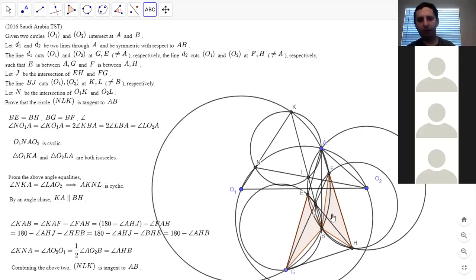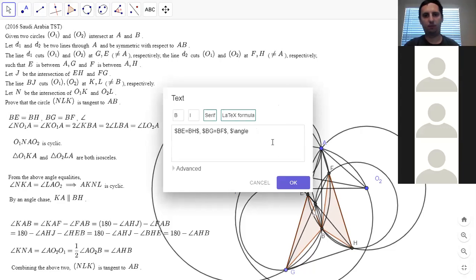Yeah, wait, how did we, forgot this? Oh yeah, angle AGB equals BFH. That means triangle EGB is congruent to triangle HFB.